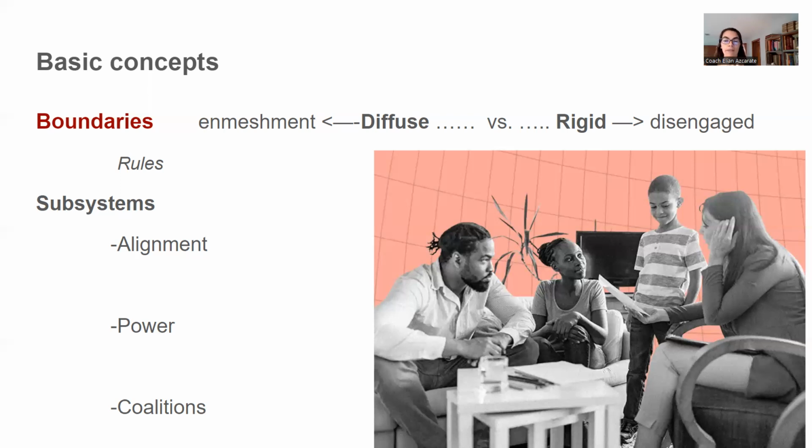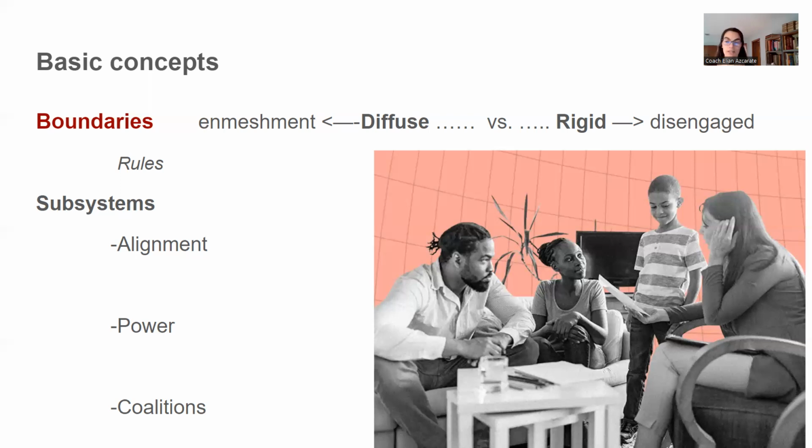Maybe the mom and the son are aligned against the father, and they want more visibility, or they want to decide what's going to happen and what they are going to do. And there's a power struggle between what the father thinks and what the other subsystem thinks.